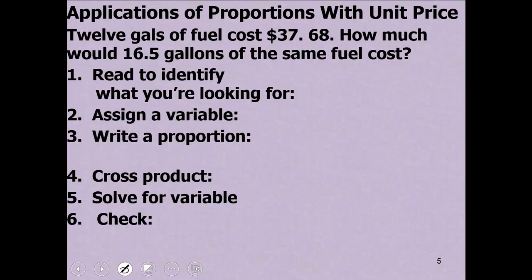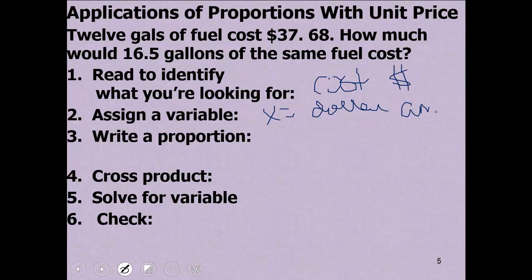All right, welcome back. 12 gallons of fuel costs $37.68. How much would 16.5 gallons of the same fuel cost? What are we looking for? We're looking for cost. So we're looking for money. Assign a variable. X is going to equal the dollar amount.